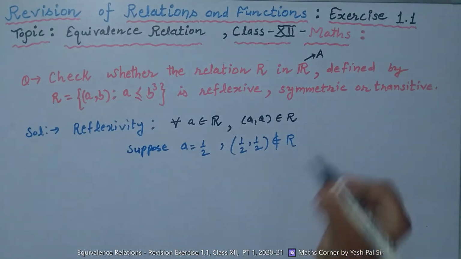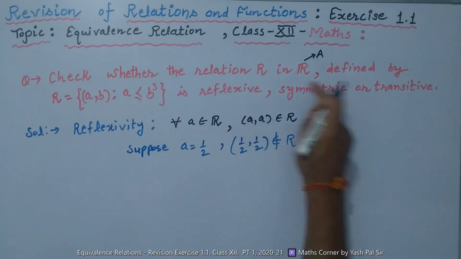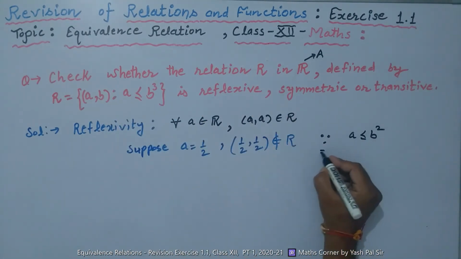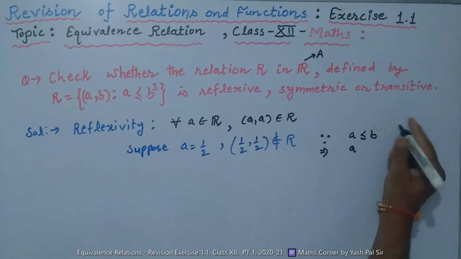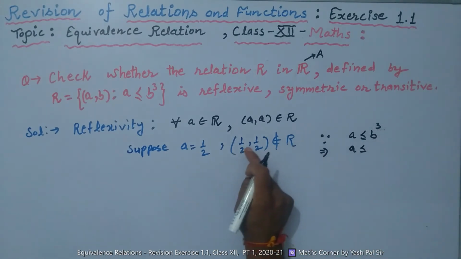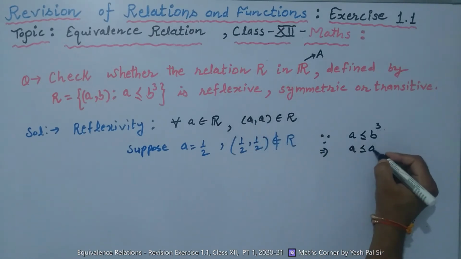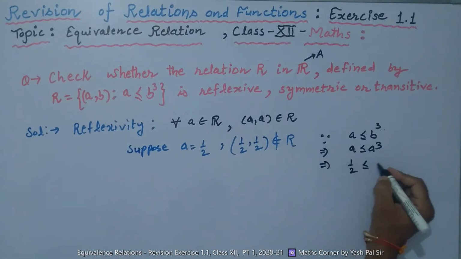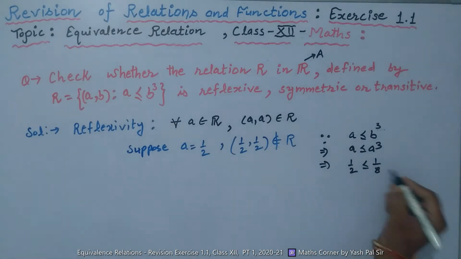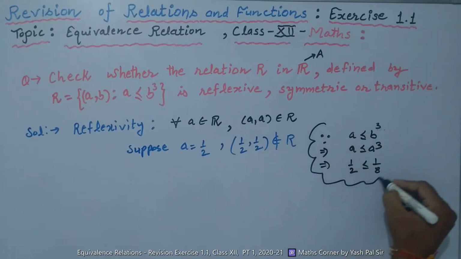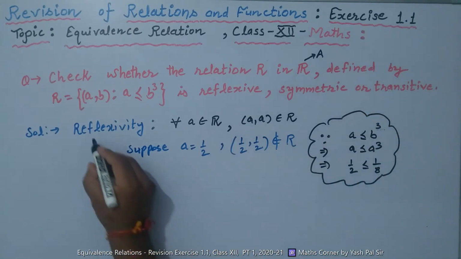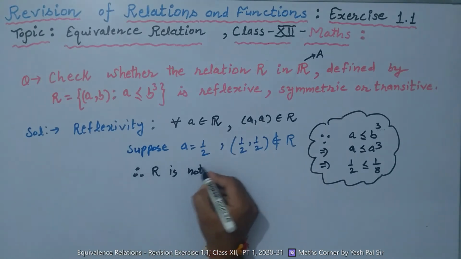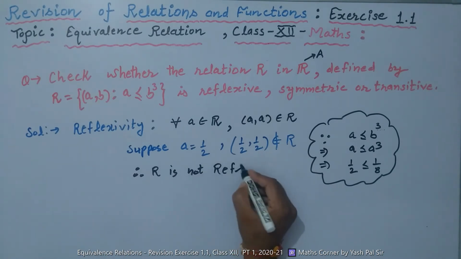Because the condition is a ≤ b³, which implies a ≤ a³. Here a is 1/2 and this is not less than or equal to 1/8. Therefore R is not reflexive.